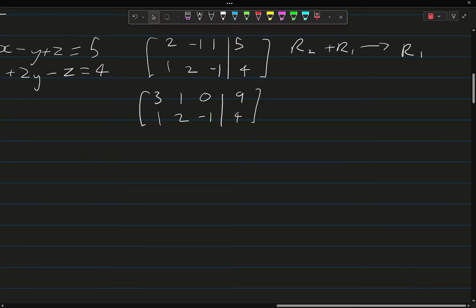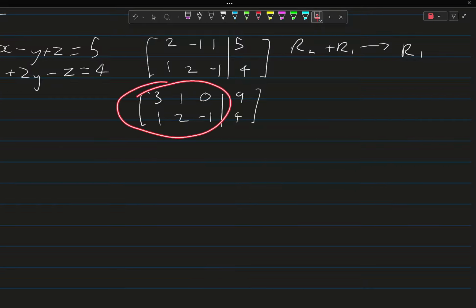Now, what we want is to single out a term on this side of the table. We want zeros and only 1 on the left side, because that will mean we only have 1 variable in the equation, equal to some constant.